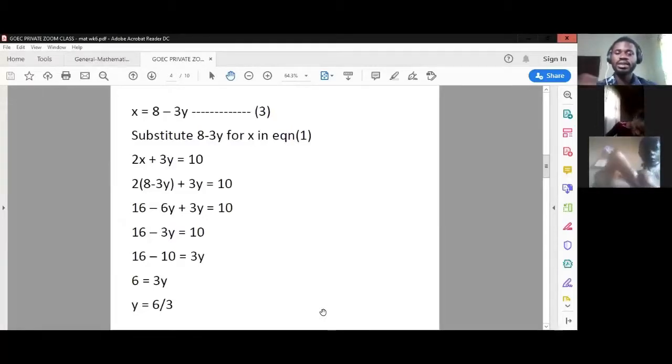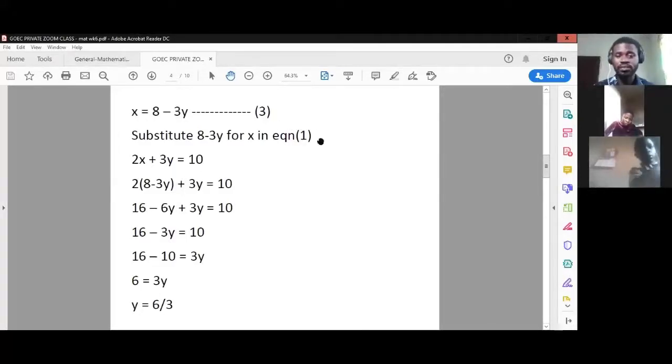Because that's exactly what we have done here. After we substituted, we began to simplify until we got this first unknown. So it may be X you are getting first, it may be Y, it may be A, it may be B, depending on the unknowns that you have in the equation.